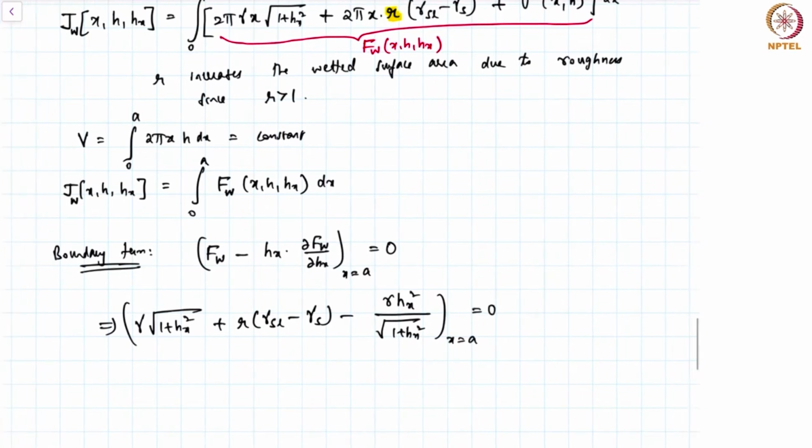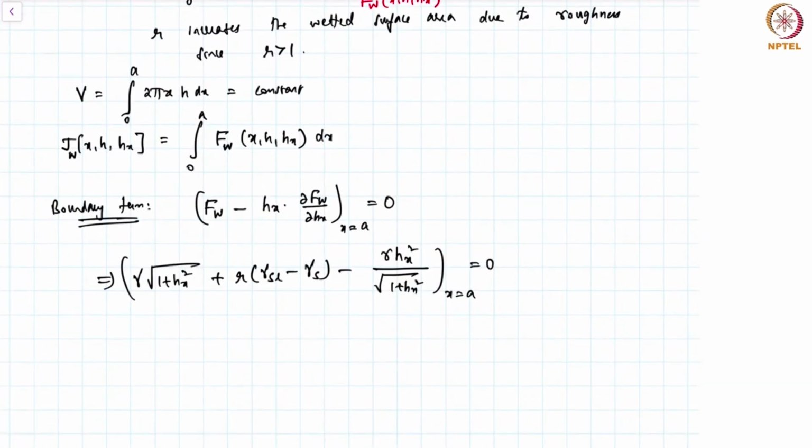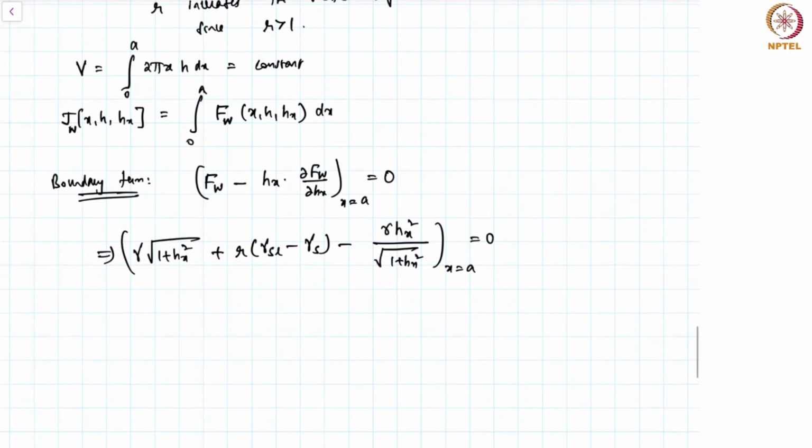Note that I'm not doing this derivation again in detail. I'm not taking the derivatives and substituting into this boundary condition again, because this is very similar to what we had done in a couple of earlier lectures. And therefore, if I simplify this, let me write it slightly differently.